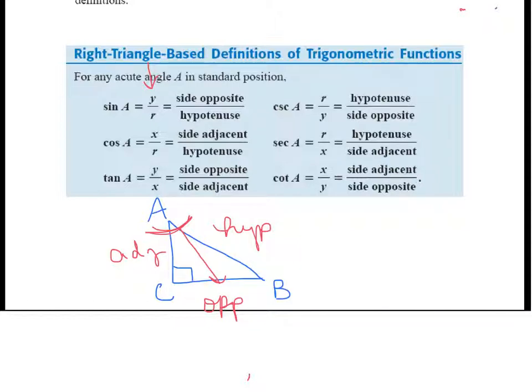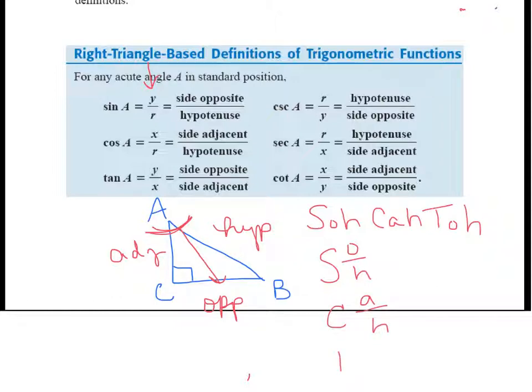Now you had a way that you remembered before, and you probably had it. It's called SOHCAHTOA. I don't write mine that way. I write it this way, and I remember it a little bit different. I write it this way because it helps me remember what goes on top and what goes on bottom.